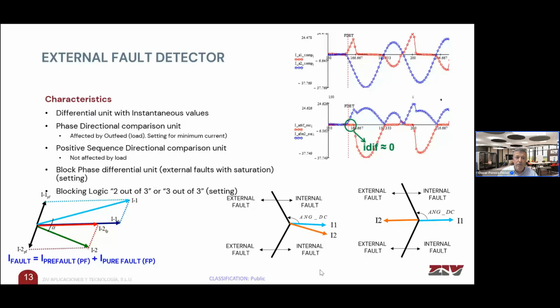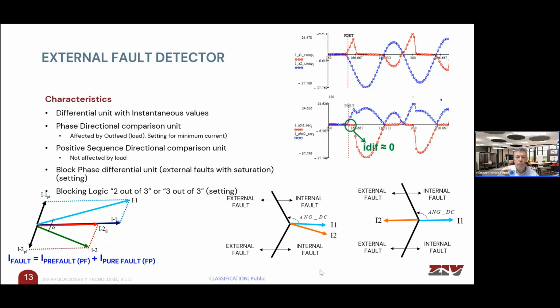So to detect those risky faults that are outside of the busbar but are provoking the saturation of the CTs, we have this unit that uses three criteria as mentioned there on the screen.